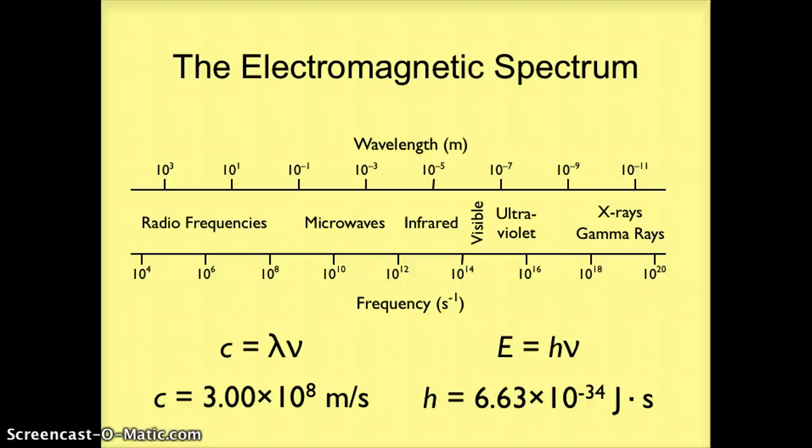And we have a few formulas down at the bottom that we used last year and in review: the speed of light is equal to the wavelength times the frequency, and energy is equal to h, Planck's constant, which is this number down here, 6.626 times 10 to the negative 34 joules times seconds, times the frequency. And c, of course, the speed of light, is 3.00 times 10 to the 8th meters per second.